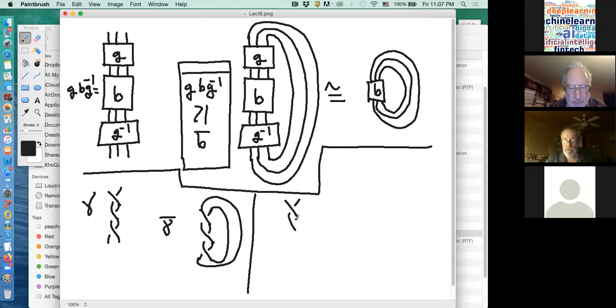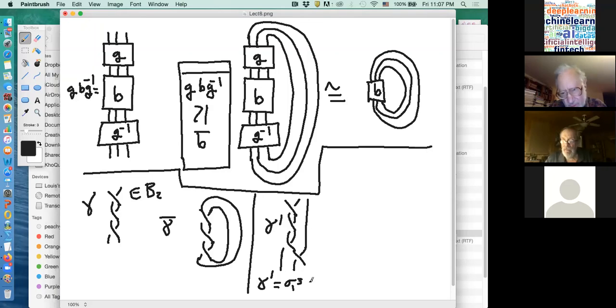I take this same little braid, gamma, whose closure is the trefoil knot, and I add another strand. So now, from the 2-strand braid group, we're in the 3-strand braid group, and I put a little twist here. I call this gamma prime, and gamma prime is equal to sigma 1 cubed sigma 2, belonging to the 3-strand braid group.